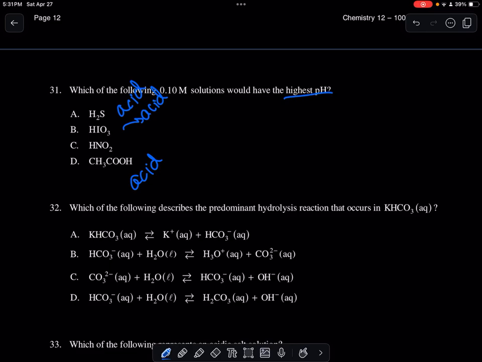This will have the highest pH. And again, it looks like potentially all of them are acids. So which one are we going to choose? We're going to choose the weakest acid to have the highest pH.